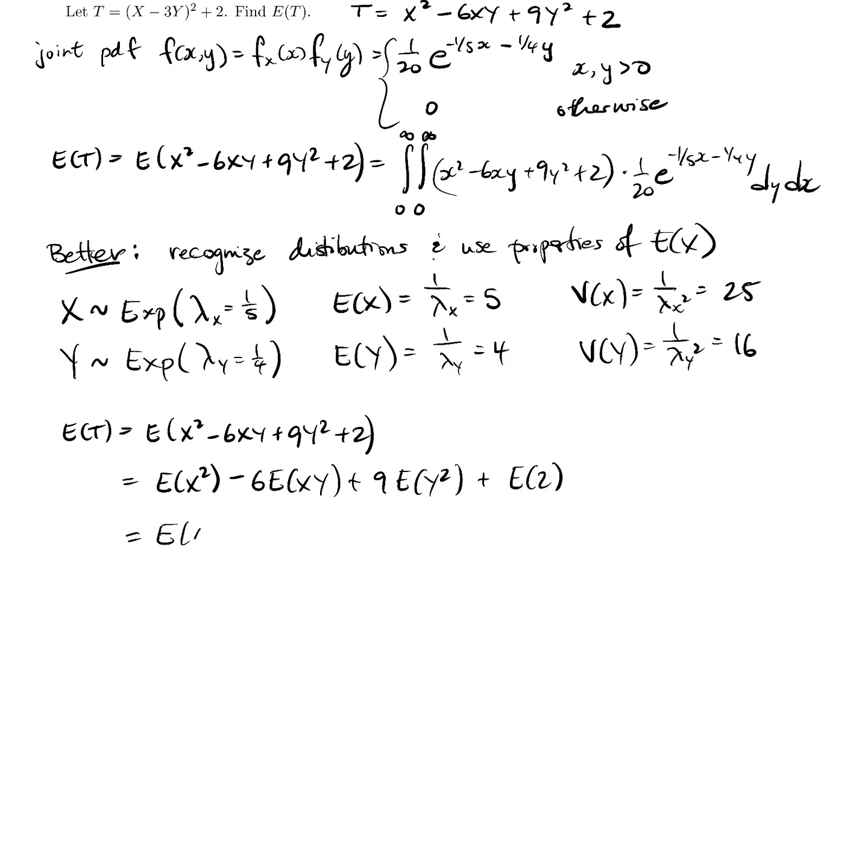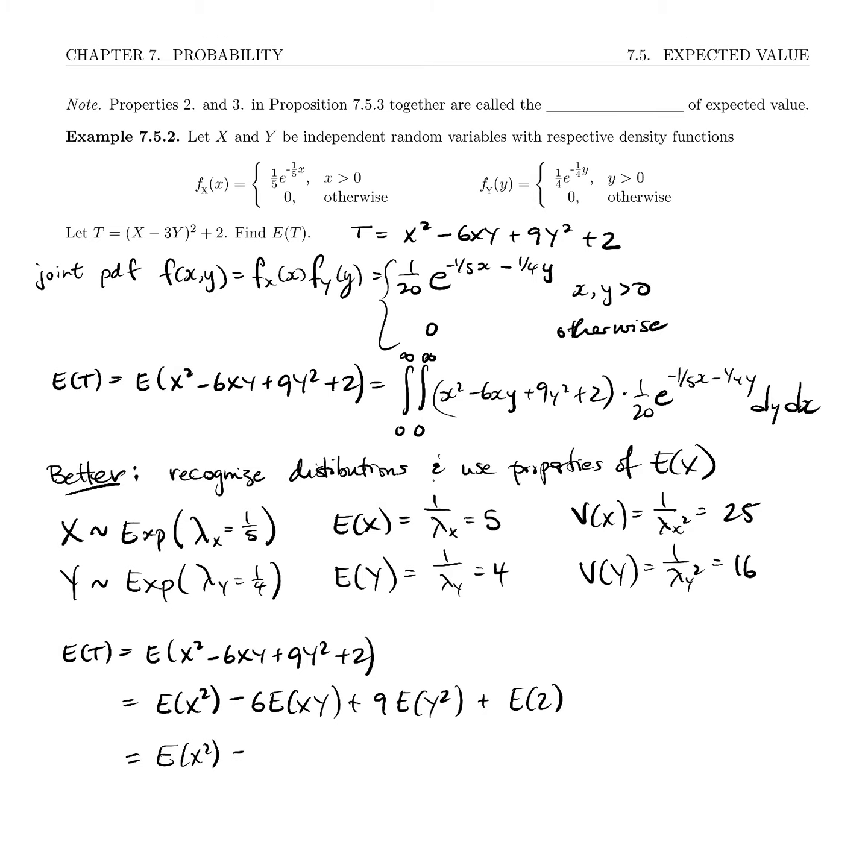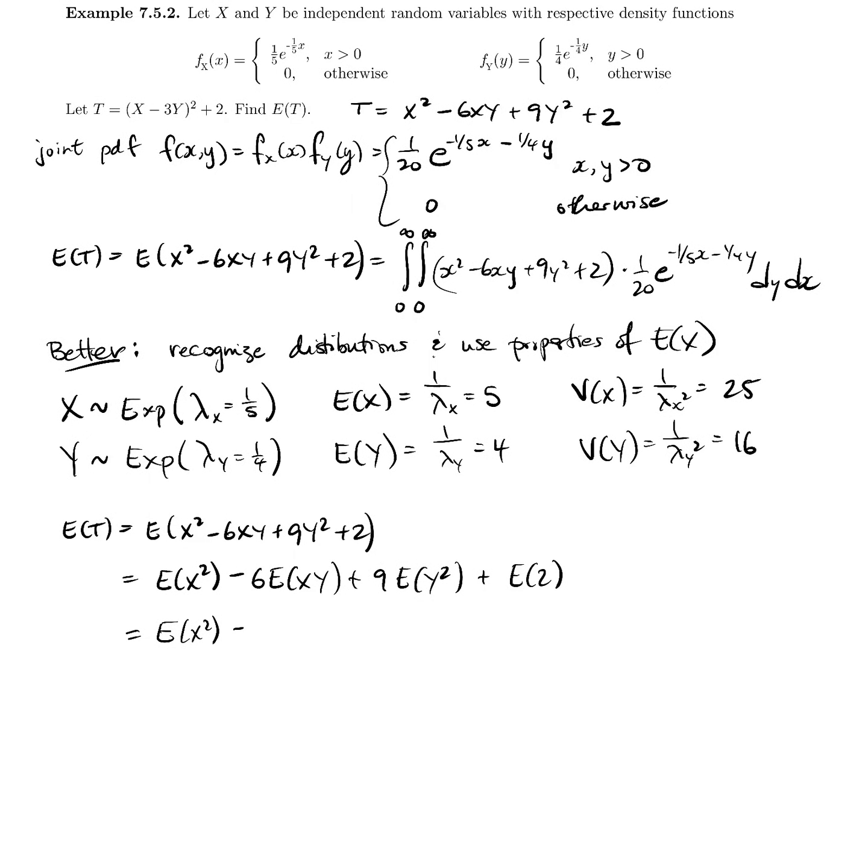Now there's a couple properties that we can apply right away. So E of XY, we know X and Y are independent, right? That's what we were told up here, that they are independent random variables, and in fact that's what we used when creating the joint PDF. The property of independence can be applied here. We can split that up as a product. So 6 times E of X times E of Y. Now notice though, X is not independent from X. Obviously it depends quite a bit on itself.